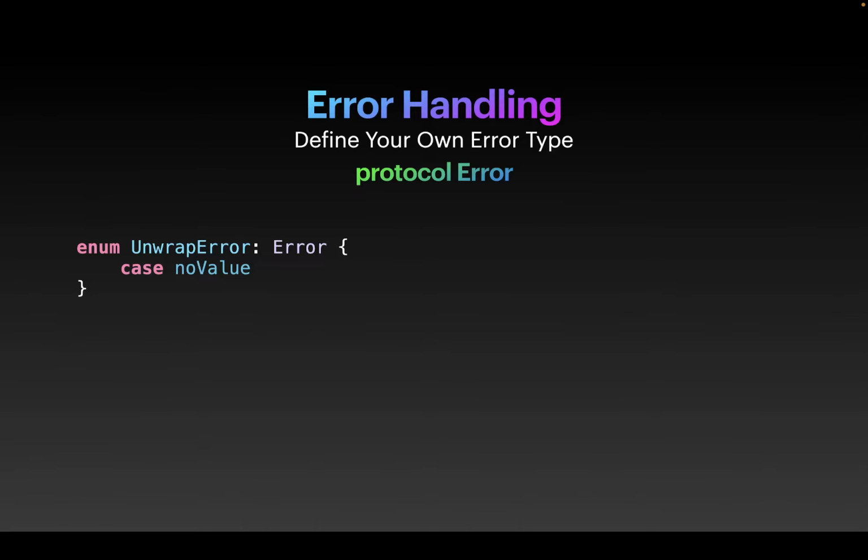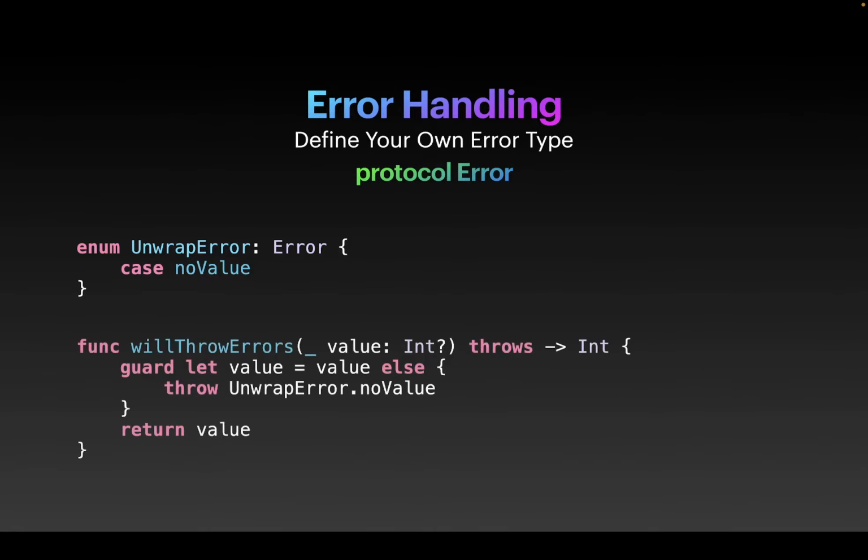In this case, I have an enum named UnwrapError, and I conform that enum to the Error protocol. It has a simple case with no value. Now I can throw that customized error here: throw UnwrapError.noValue.